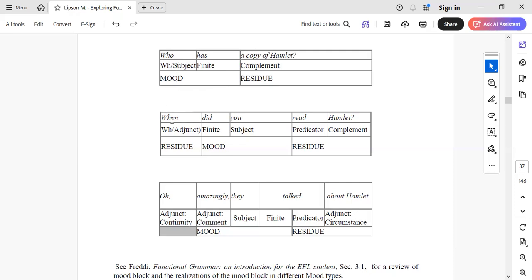Here we are not asking about the subject, we are asking about the time. So that's why this one is residue, this one is mood, and after the finite, the rest is actually residue, right? So the mood element basically has subject and finite. Is this clear to you guys or not? Yes, sir. I'm asking everybody. Yes, sir.